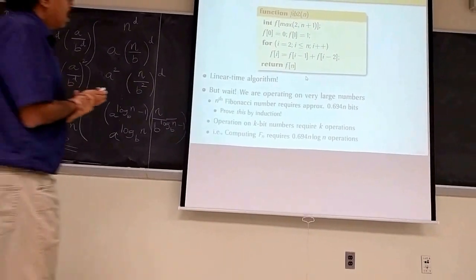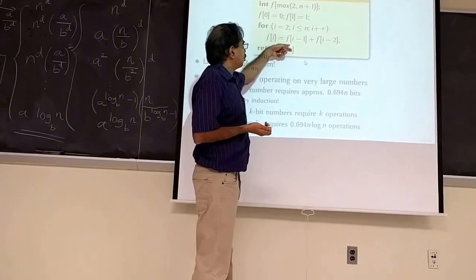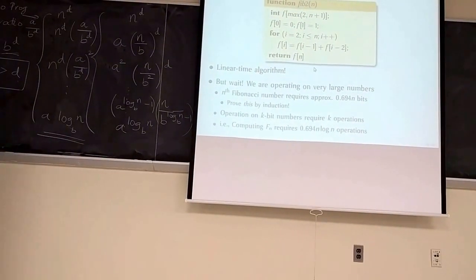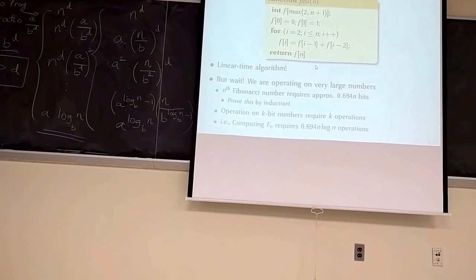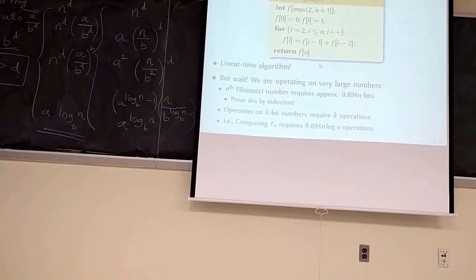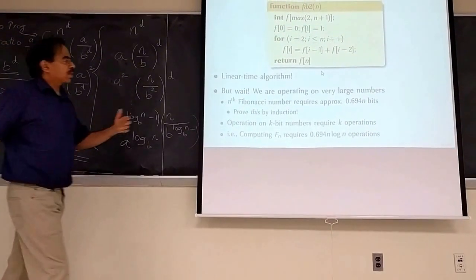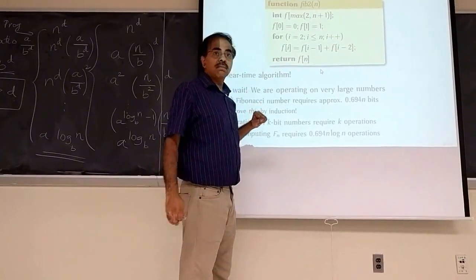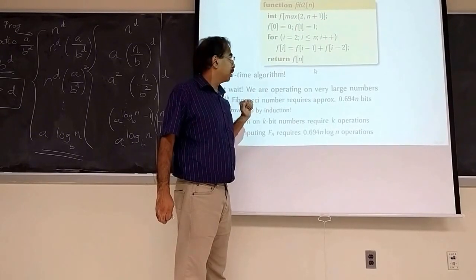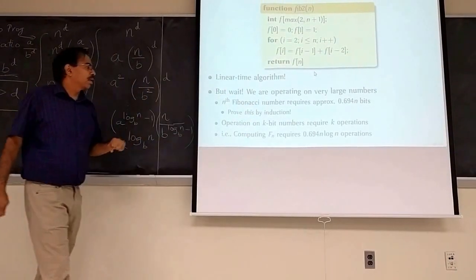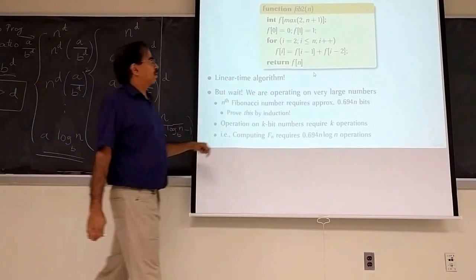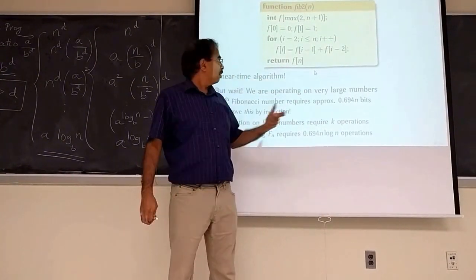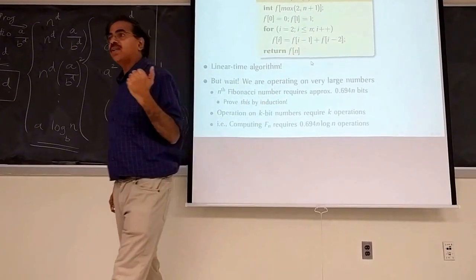So the calculation that this takes only constant time, you need to be careful because some of the operations involved may not even any longer be constant time, right? So if you factor that in, then you'll find that it's going to be actually... how long does it take to add two n-bit numbers?